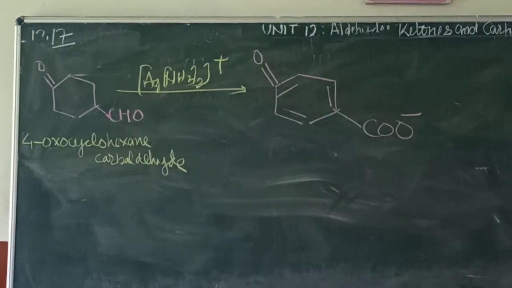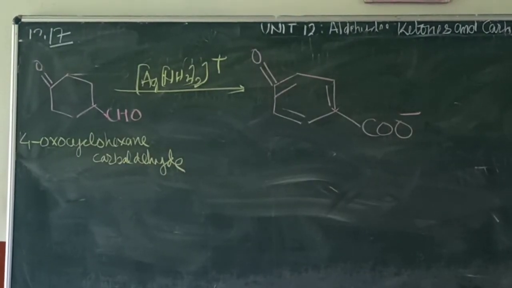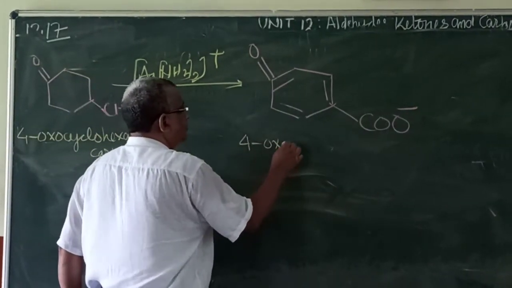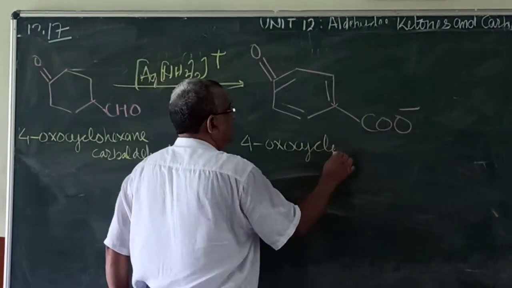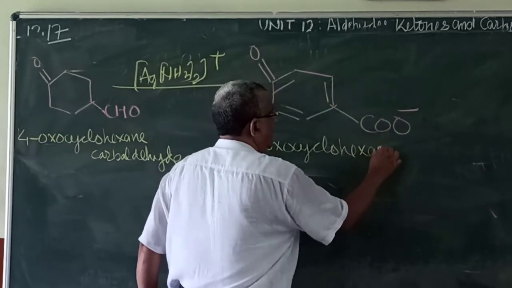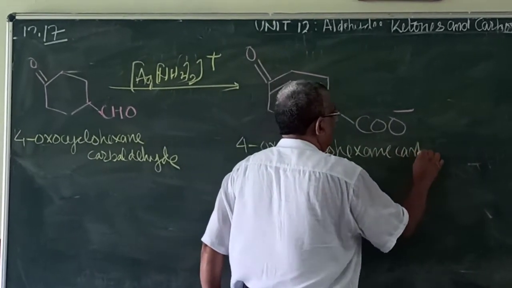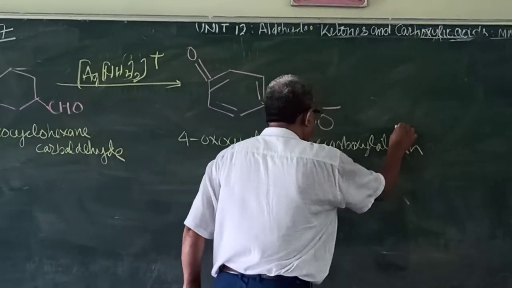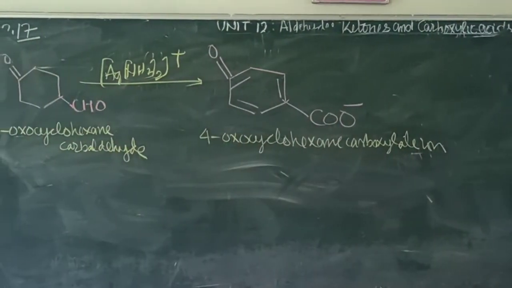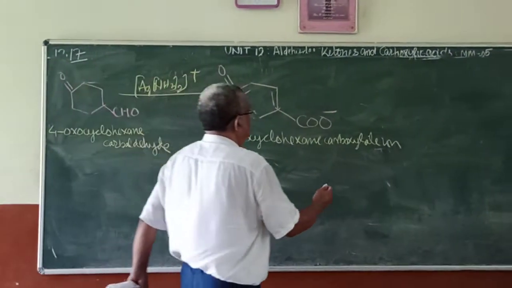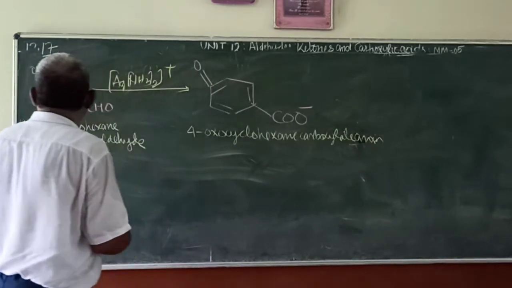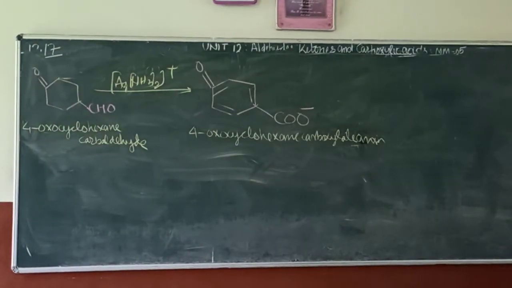So the name is 4-oxocyclohexane carboxylate ion, or carboxylic anion. This was the fifth one.